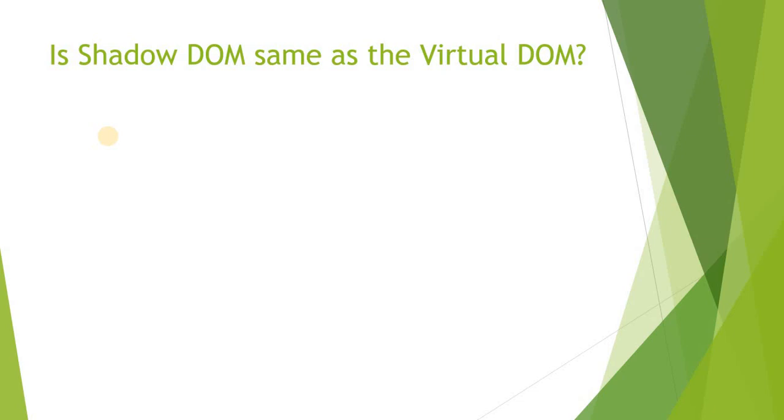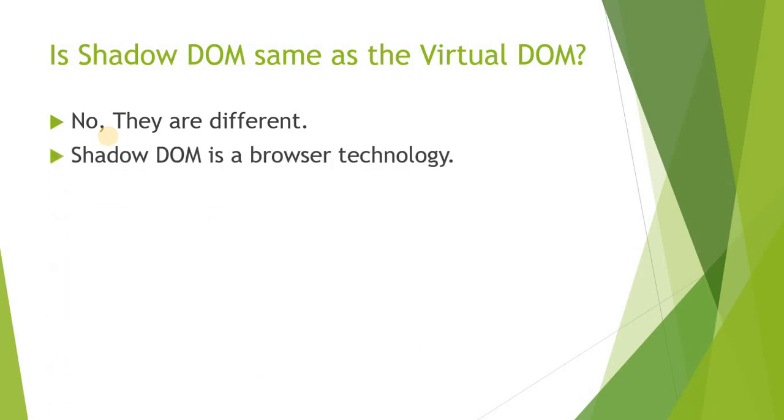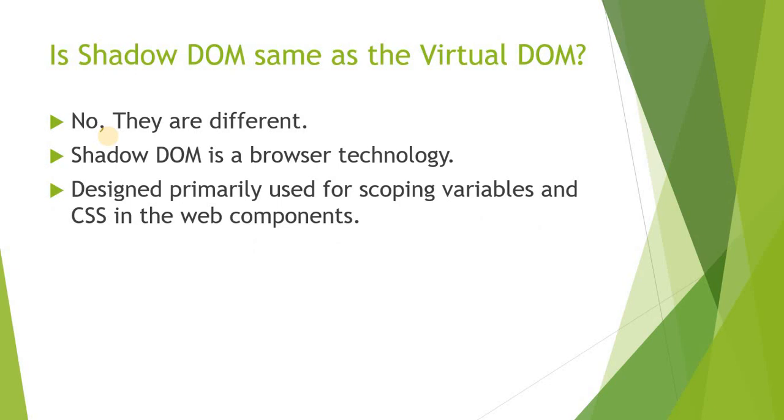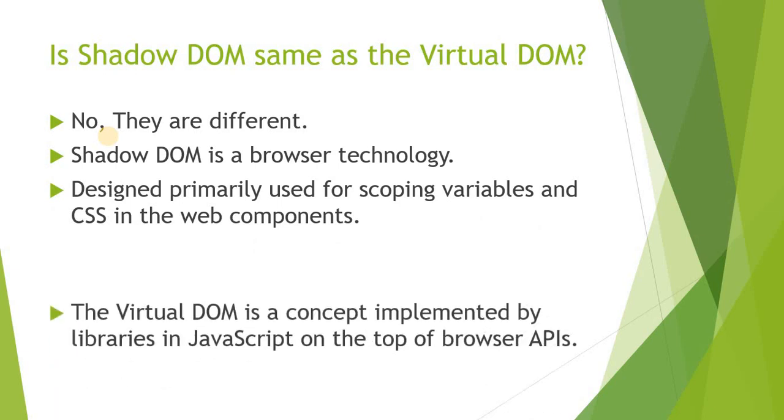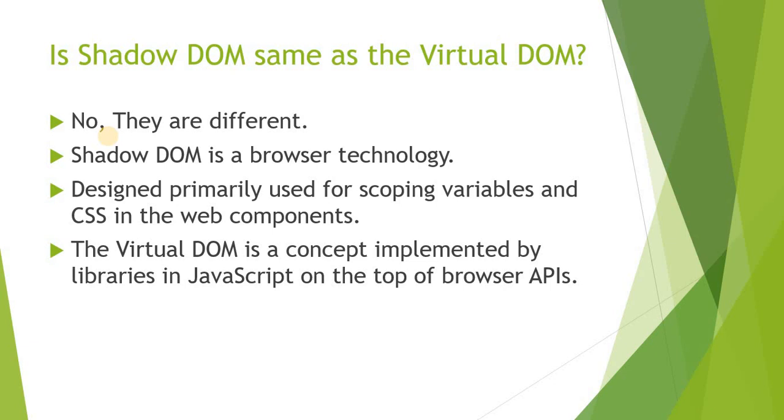Another question in our mind: is Shadow DOM the same as the virtual DOM? No, they are different. Shadow DOM is a browser technology basically used for scoping variables and CSS in web components, while the virtual DOM is a concept implemented by libraries in JavaScript on top of the browser APIs.